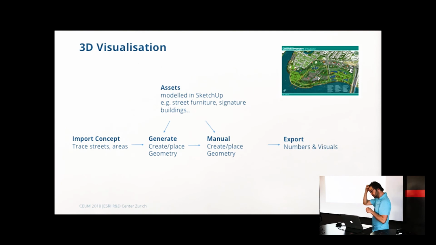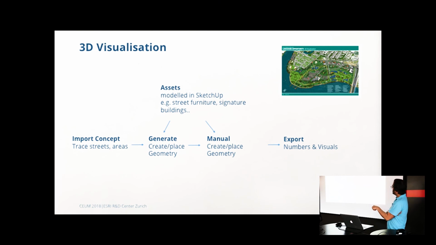And when we look now at the 3D visualization process in detail, this is nothing special. This is the classic use of CityEngine. You import maybe a street network from OpenStreetMap, or it's a hand drawing that you then trace manually.